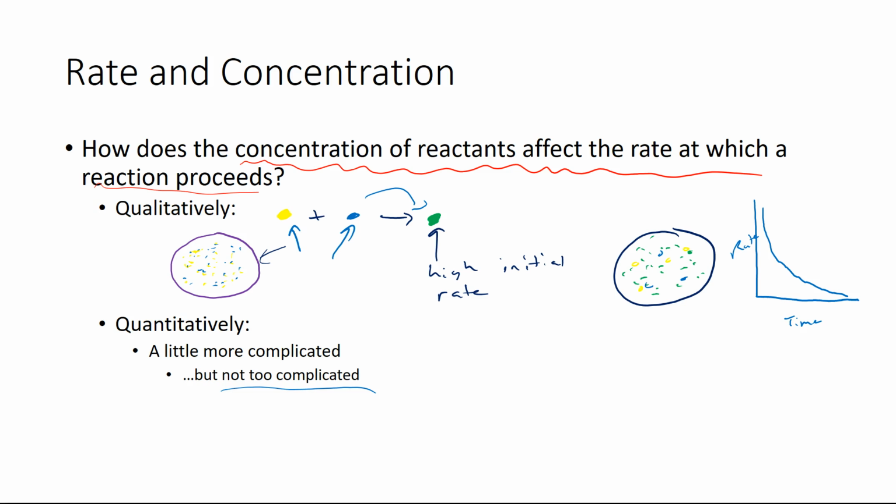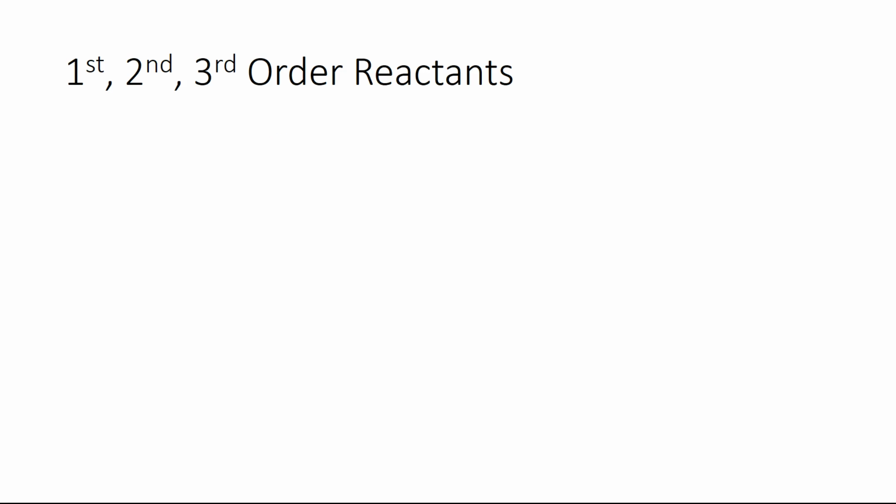Okay, so there's our scope, there's our context. Let's take a look at what I'm going to expect you guys to be able to do if given some data. All right, so we're going to talk about first, second, third, etc.